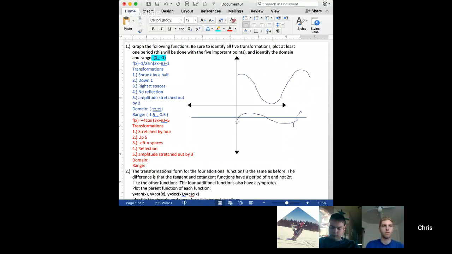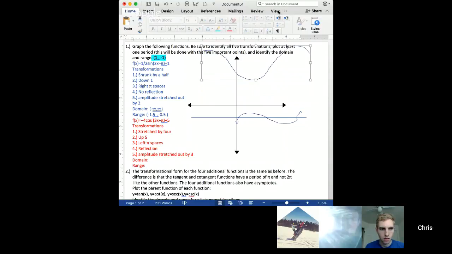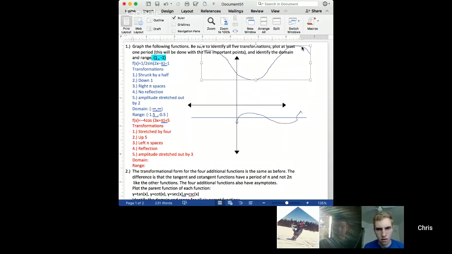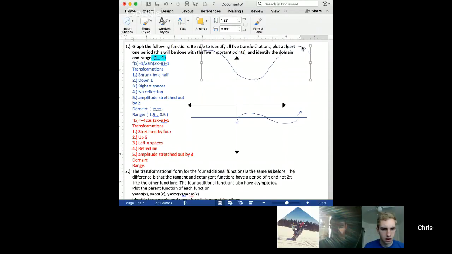Okay, so stretched out by 4, up 5, and then here's a flip.